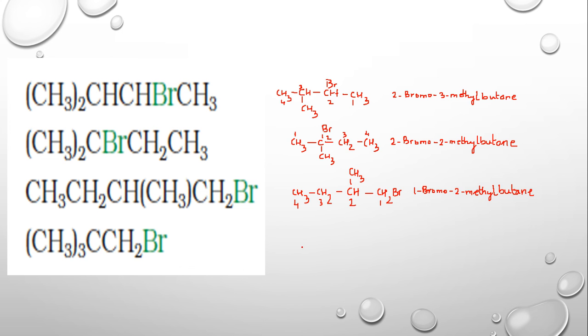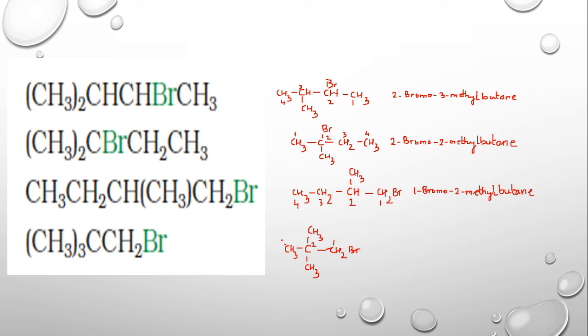Last example from the slide. So you have CH3 thrice which is attached to the carbon atom. So take the carbon atom and draw 3 CH3s, which is attached to CH2 and which is attached to Br.